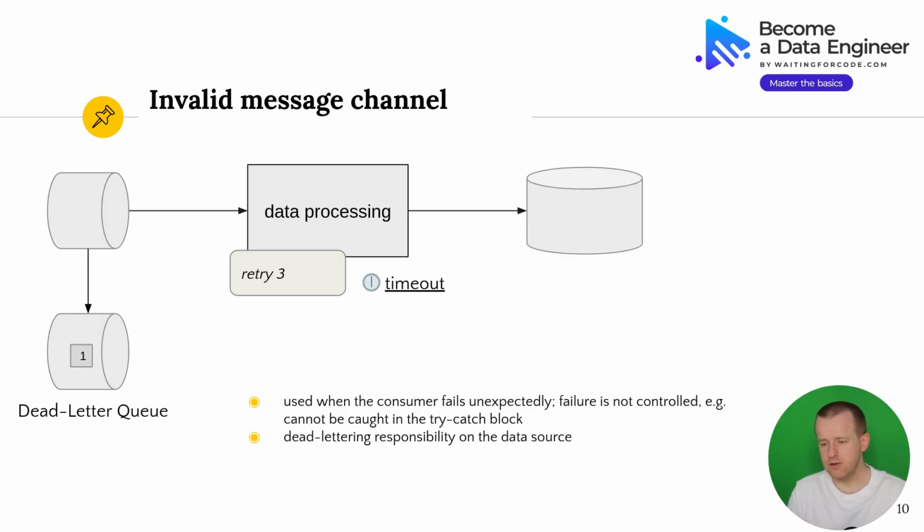Of course, we could also do it on the data processing side. There is nothing wrong with that, but there are maybe some cases where this dead lettering on the data processing side will not be possible, or maybe you will miss some possible failures, and if you don't have this invalid message channel, your job may get stuck and blocked.